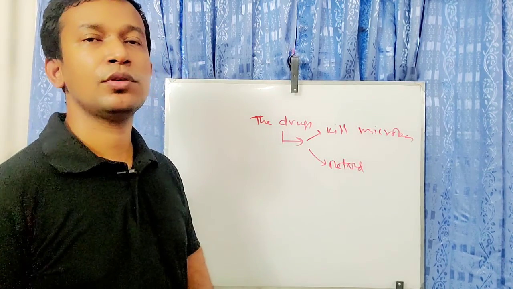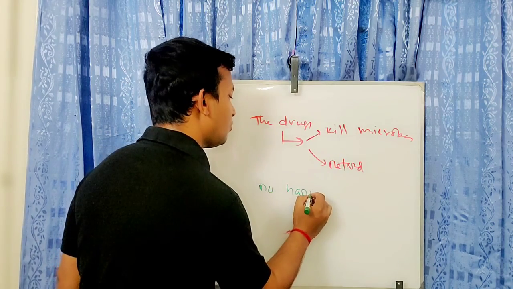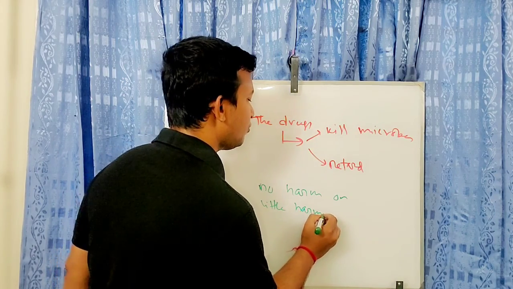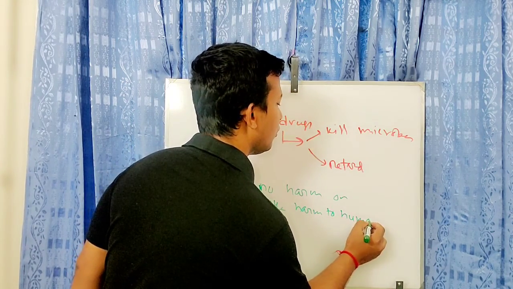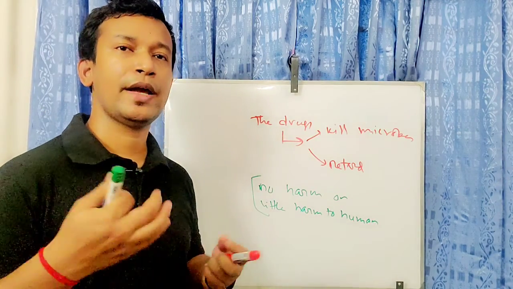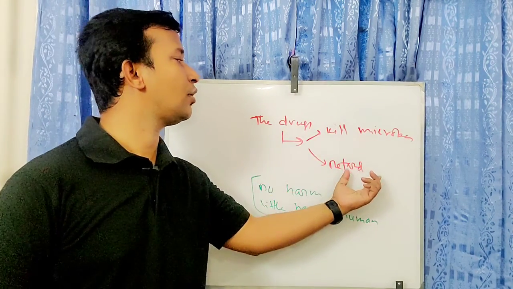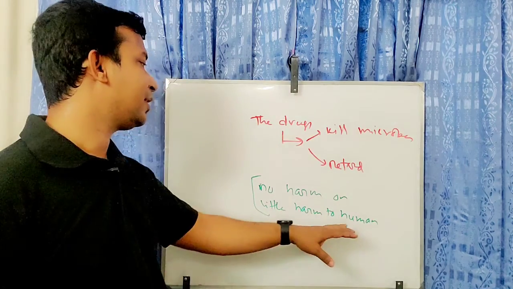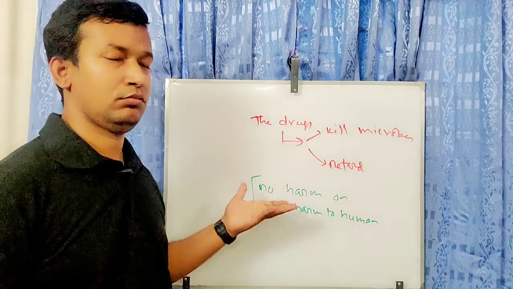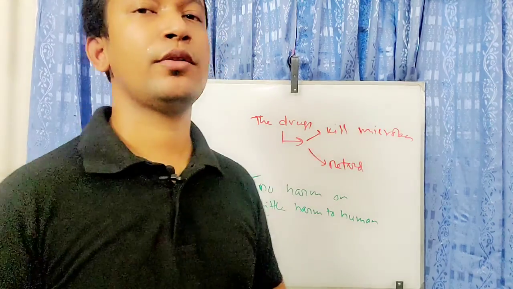So by definition, they have written no harm or little harm to humans. These are the drugs produced from the microbes themselves and used for killing them or retarding their growth without affecting the human significantly, no harm or little harm.